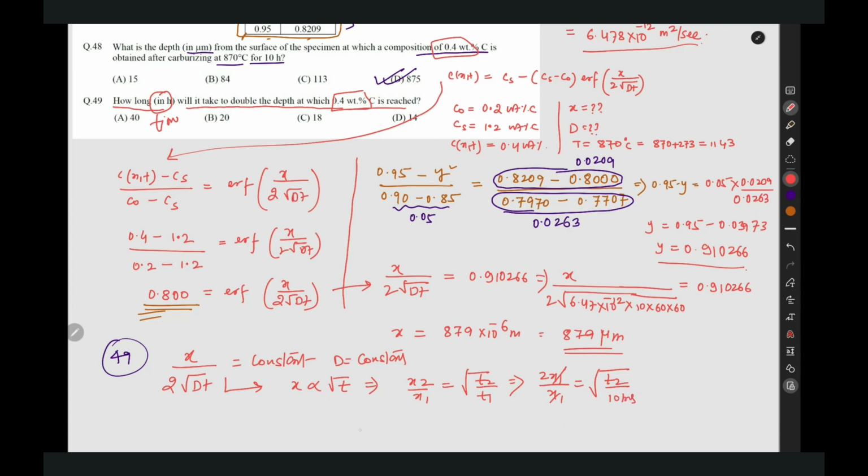So we can write 2 equal to root T2 by 10. So it will be T2 equal to 10 into 4. It will be 40 hours. So for this question, option A is correct, 40 hours. Now we will move to the next question.